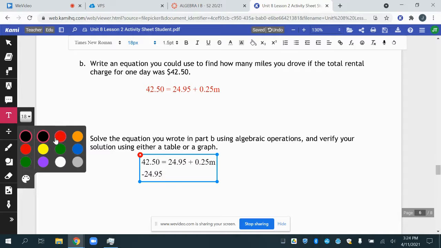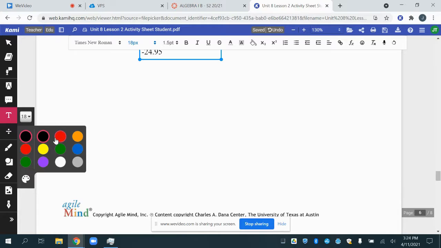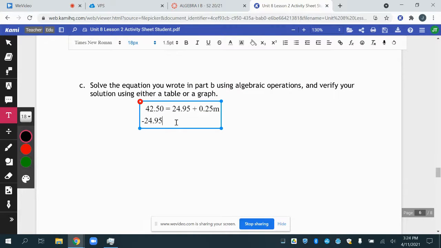I have $45 that I have to pay for this whole thing, and $24.95 of it was just to rent the whole thing in the first place. It has nothing to do with the number of miles I drove. So let's get rid of that from the bargain by subtracting $24.95 from each side. That leaves me with, let me grab my calculator because I don't want to mess this up.